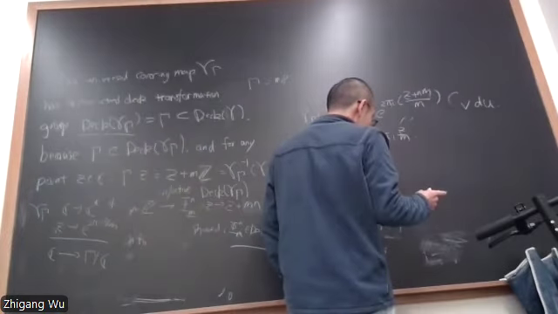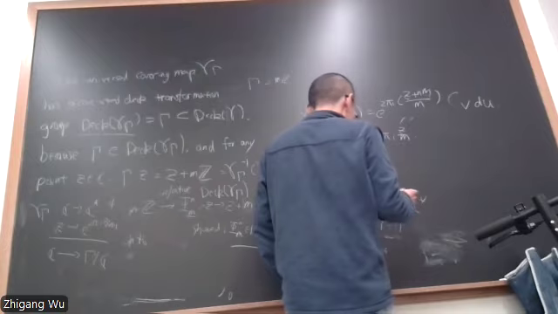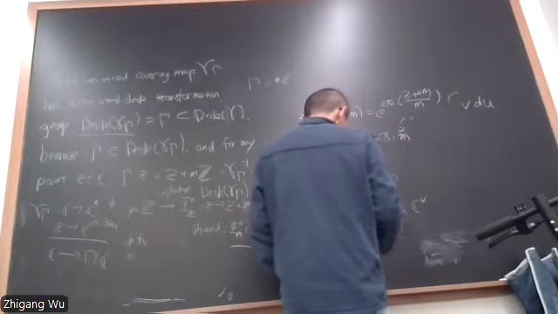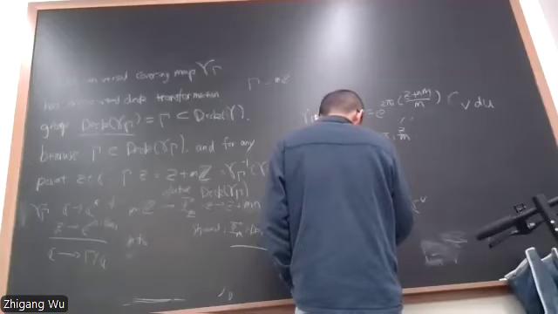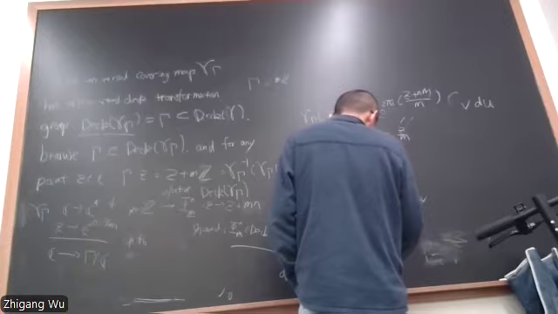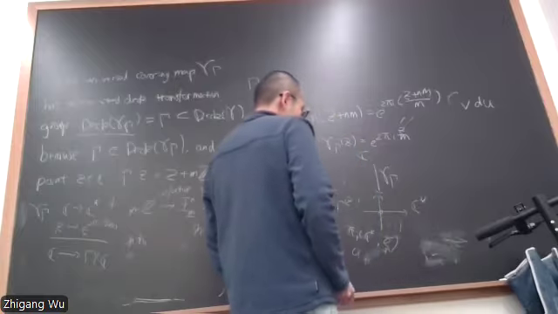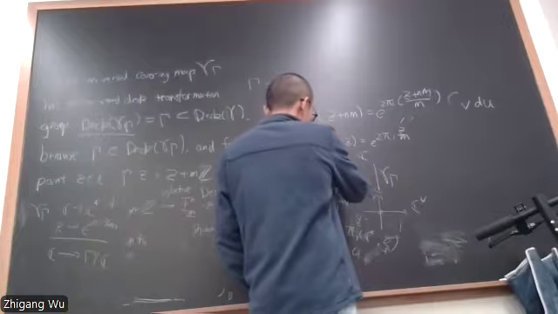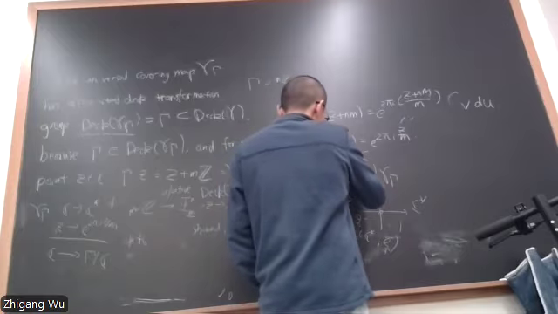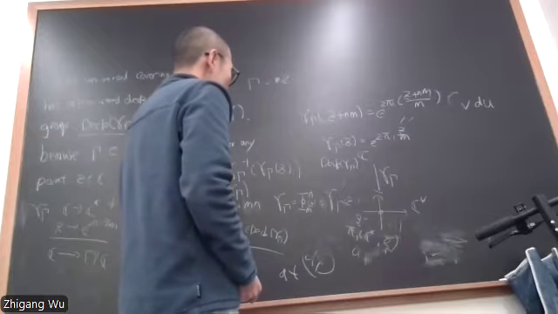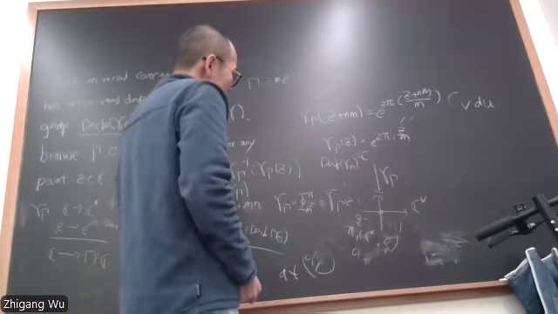Therefore, by the theorem we have, we know that there is a correspondence between the pi one of C star and the deck transformation group.